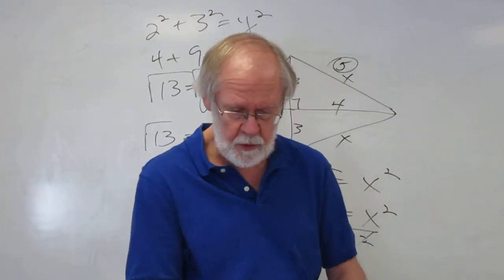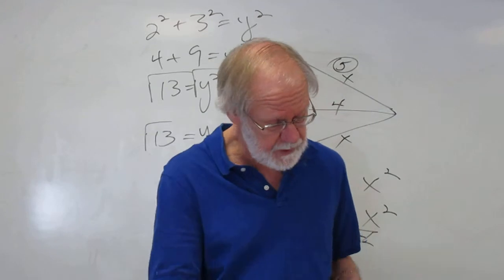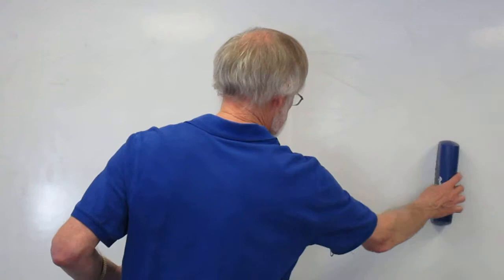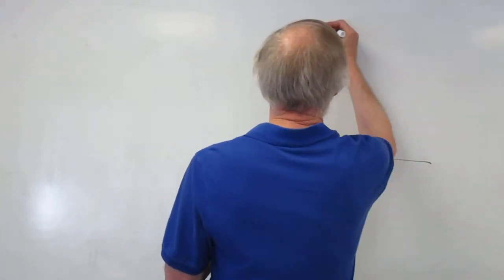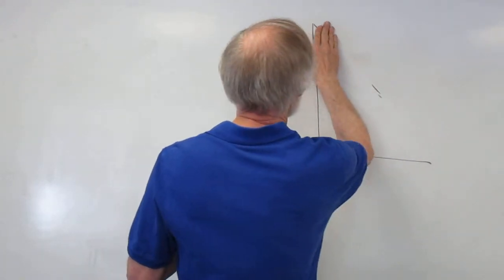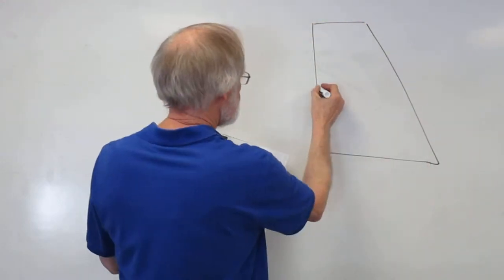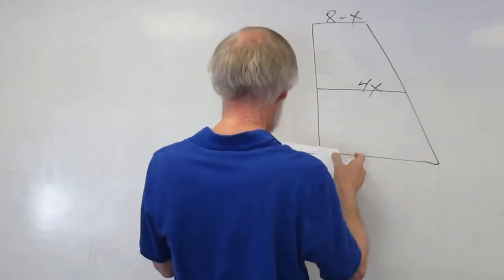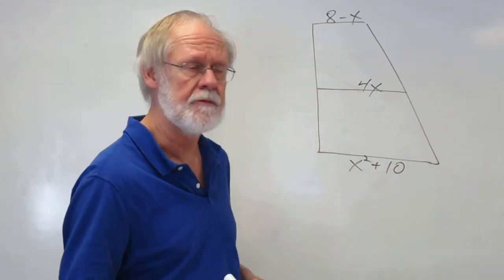Okay, and then of course you can have some problems like this, and I'll do just one of them, which I did for my students in class, and that looks like this. We have a trapezoid here, and this comes across here, that's 4x, this is 8 minus x, this is x squared plus 10, and we are asked to solve for x.